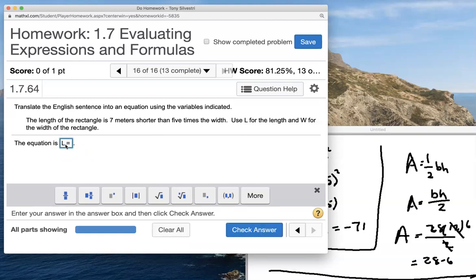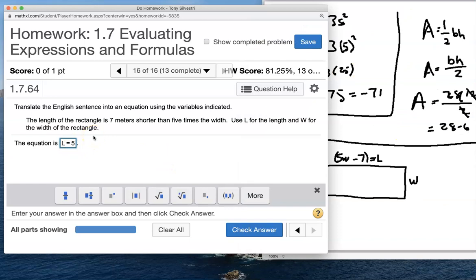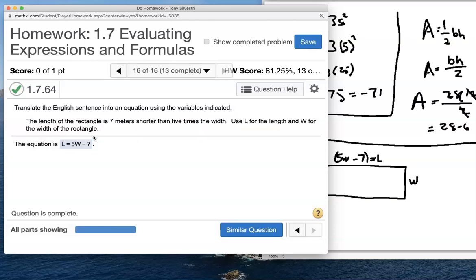Length equals 5w, capital W, make sure you use capitals, minus 7. I think that's all they want. That's it? Wow, okay, very good. We're done. I thought they wanted to have us calculate the area, and the area would be length times width, so that's all right. We'll do that later.